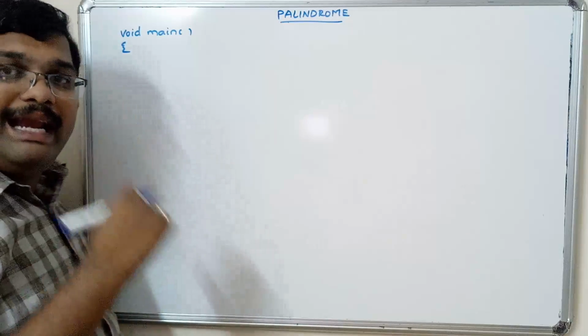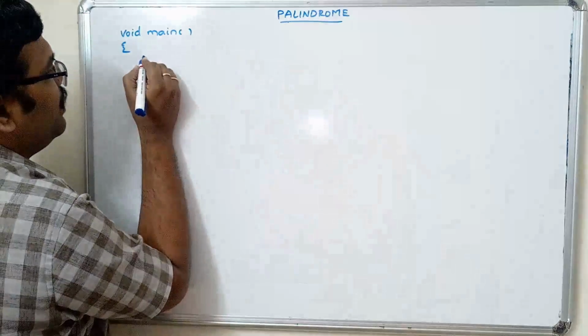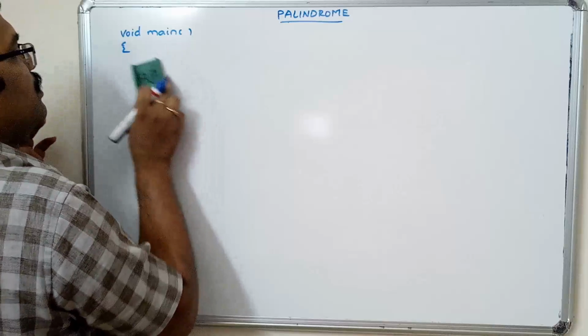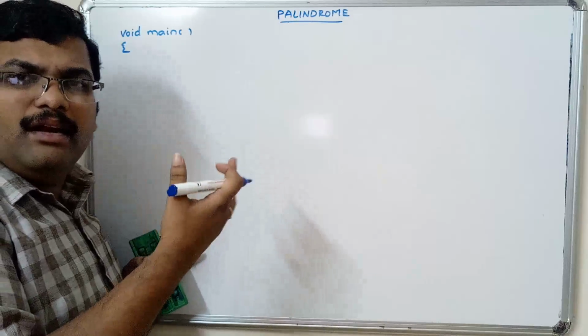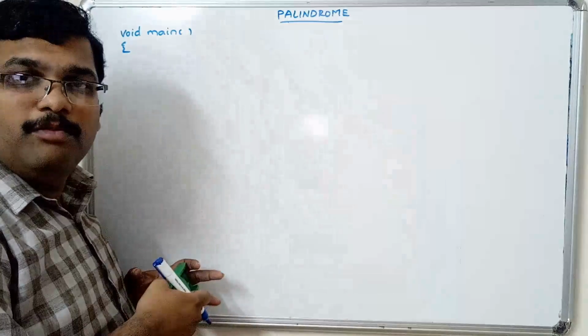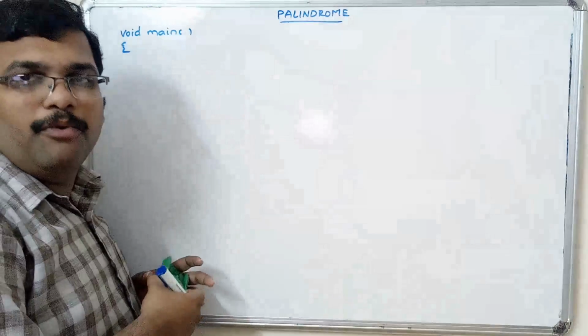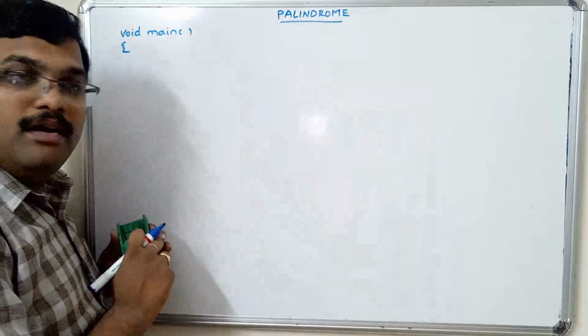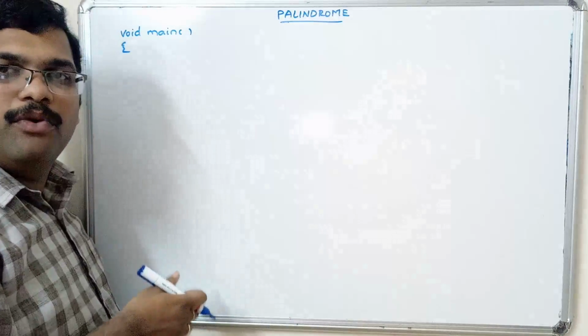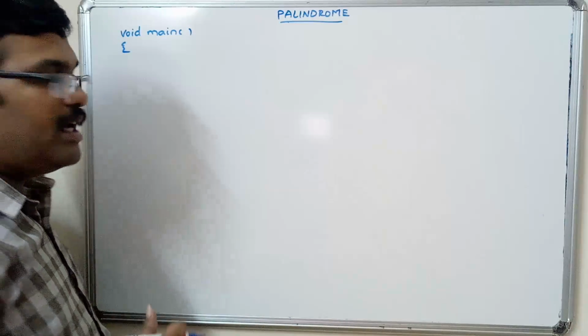Now we have to read the number. So for reading the number, first we have to declare those variables after writing the program, because we don't know how many variables we need to use in the program. So just keep aside the declaration part. So after finishing the program, we will include the declaration part.